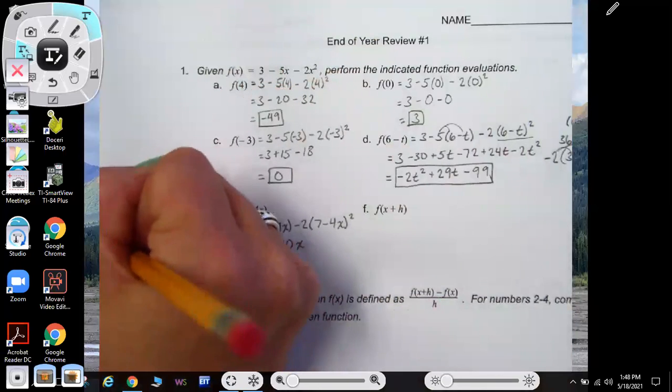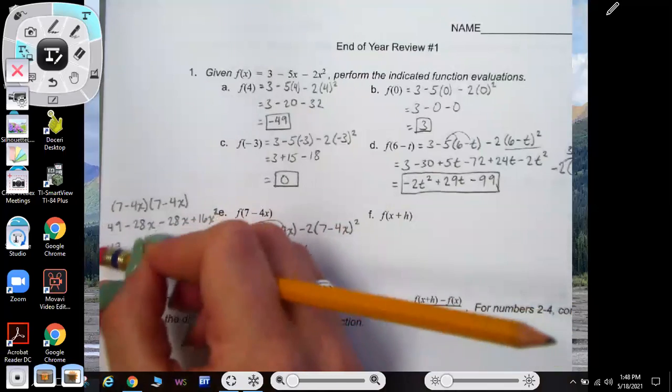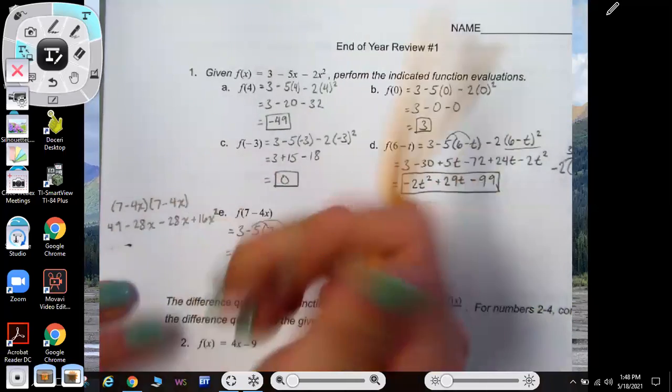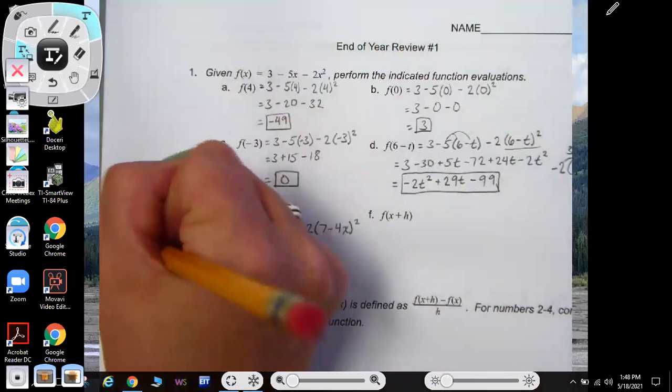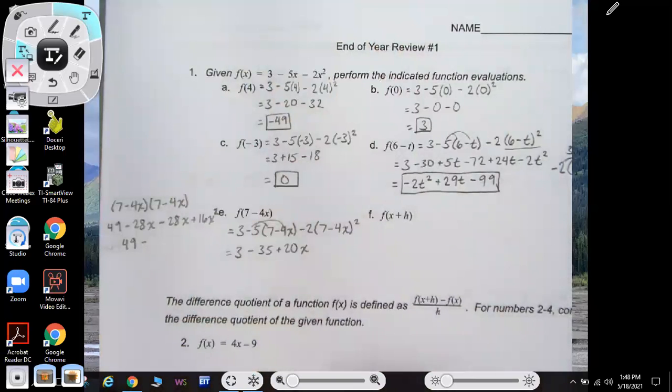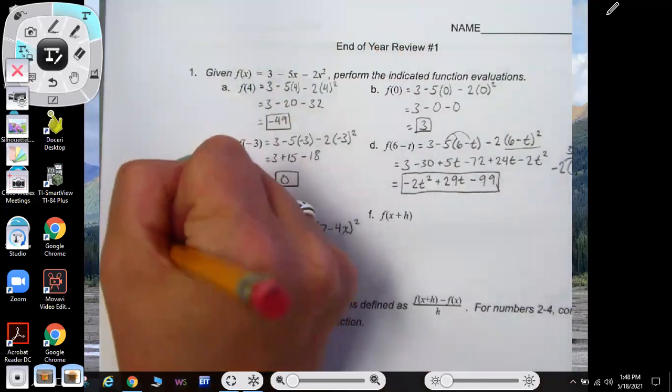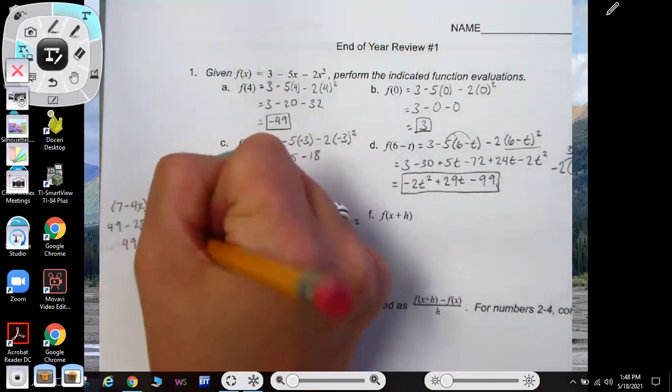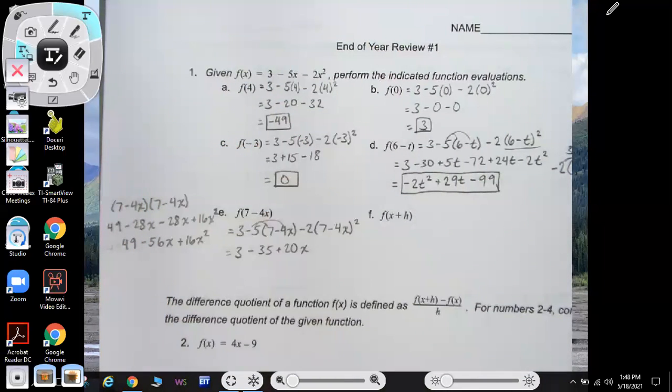Combine like terms, and we get 49 minus 56x plus 16x squared.